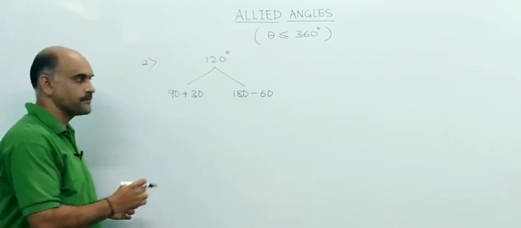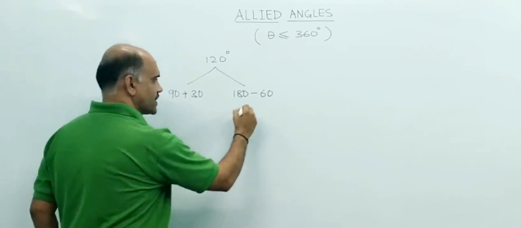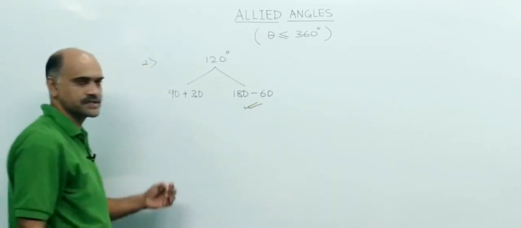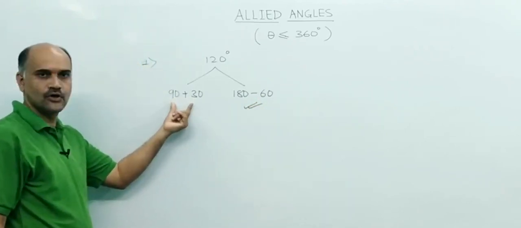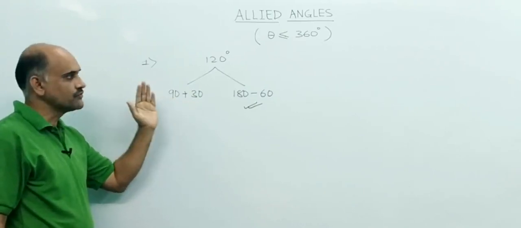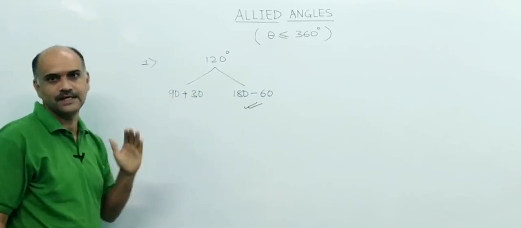Generally, prefer this one, that is 180 minus 60. Don't go for 90 or 270, whereby mistakes will be less.